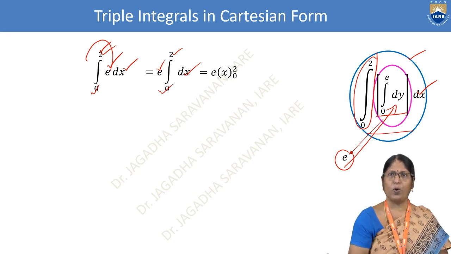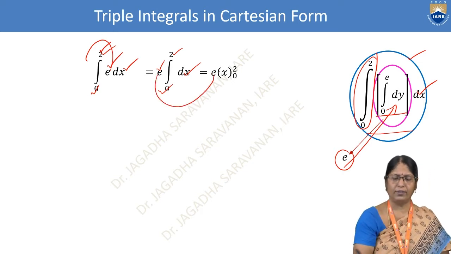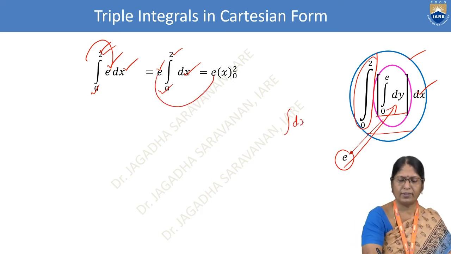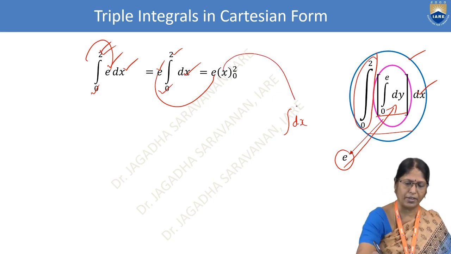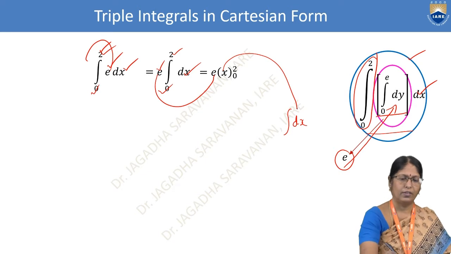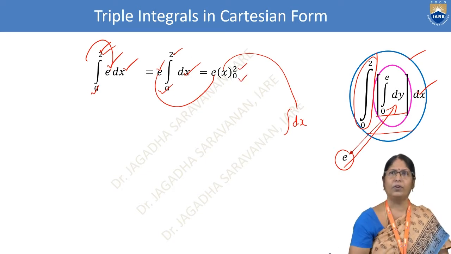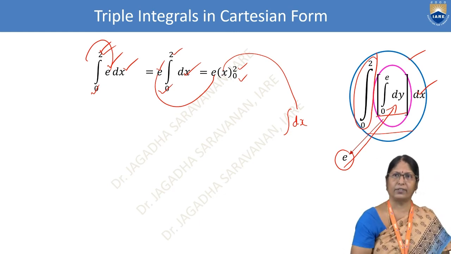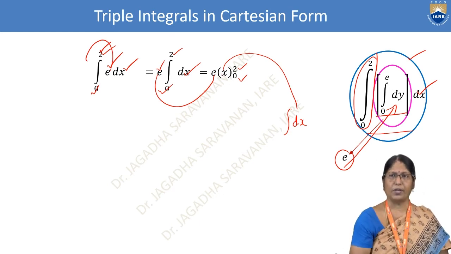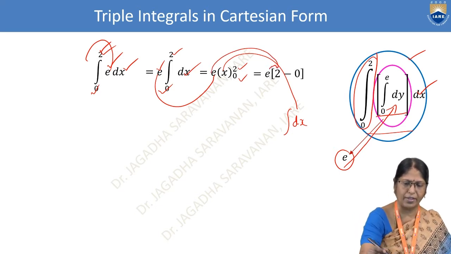We know very well here e is written as it is, and the integral of dx is x. That's what is written here. The same limits from 0 to 2 are written. So in the place of x, we are going to substitute, with e written as it is.